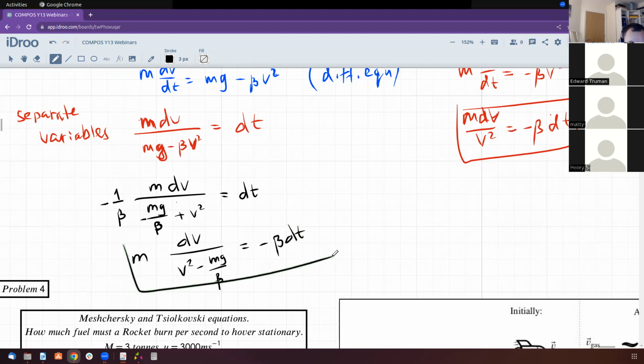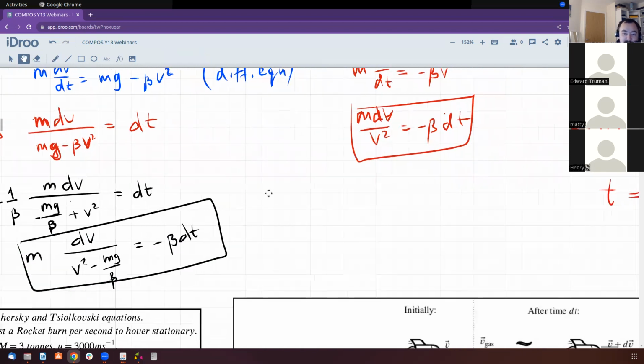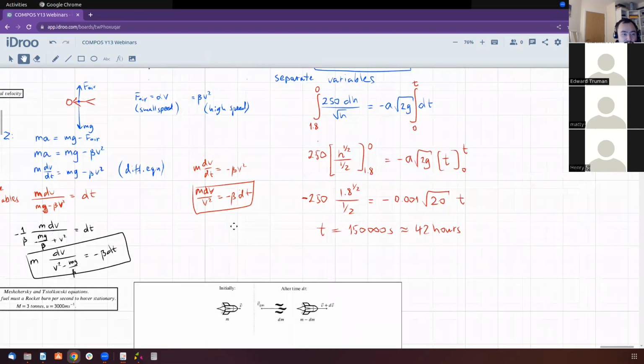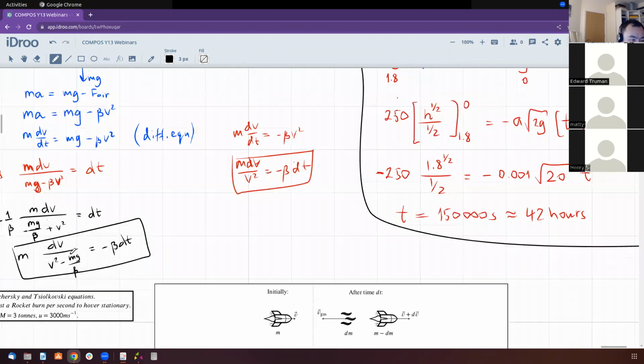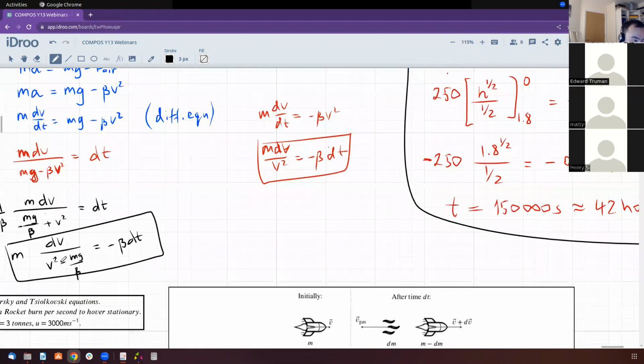And this doesn't look pretty, but actually it's solvable, if I am able to do this integral.